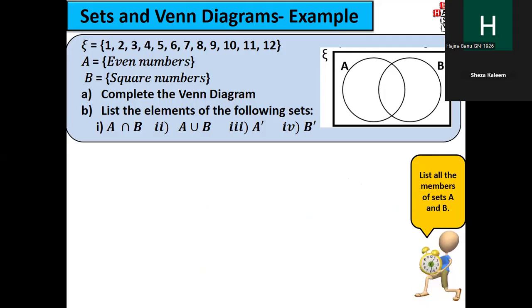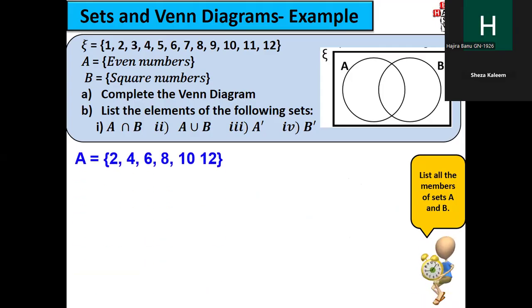First step, because A and B are given as A is even numbers and B is square numbers, first you will list all A and B. So A is 2, 4, 6, 8, 10, 12 because even numbers, and B is square numbers. Because the universal set is up till 12 only, you will be only selecting the square numbers till 12. So 1 is the first square number, 4 is the second, 9 is the third.